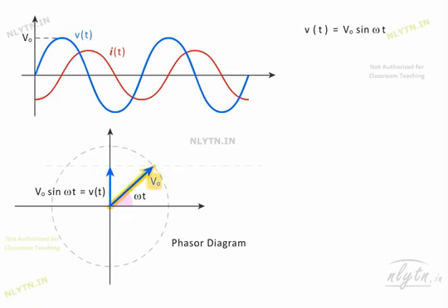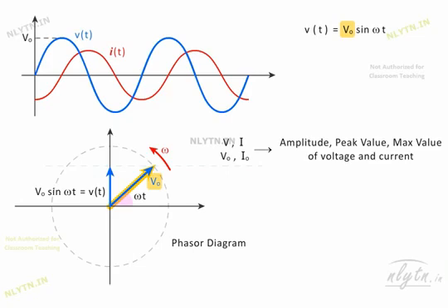Here length of this vector is equal to the amplitude of voltage, and it rotates about origin with constant angular velocity equal to omega. For this course, we will use the convention of using capital letters to represent the amplitude or the peak values or the maximum value of the sinusoidally varying quantities.